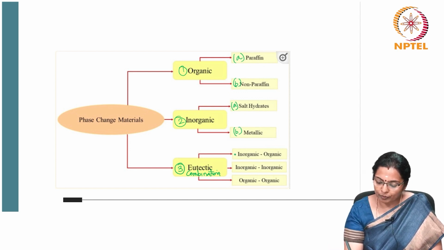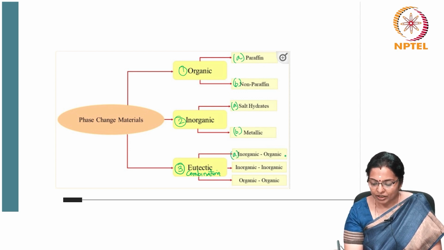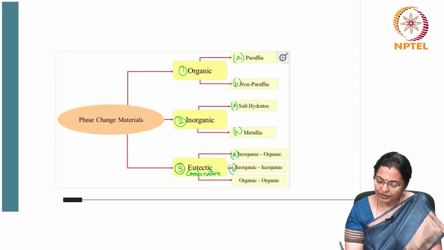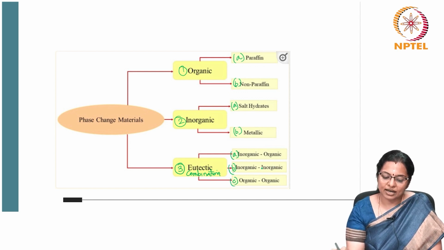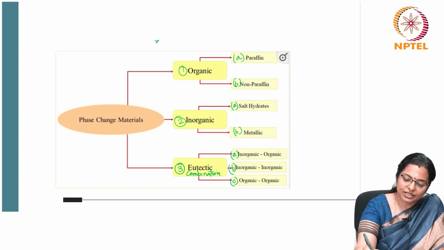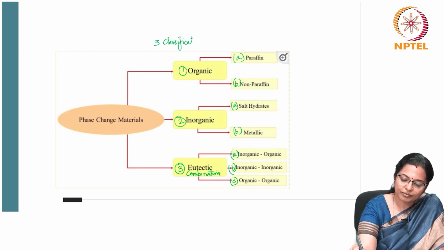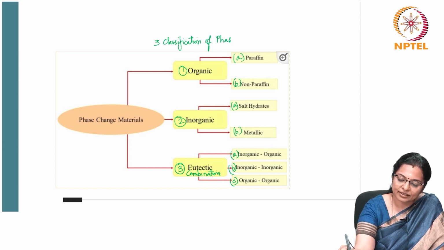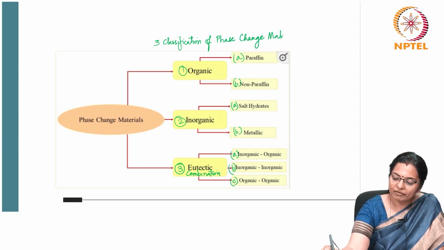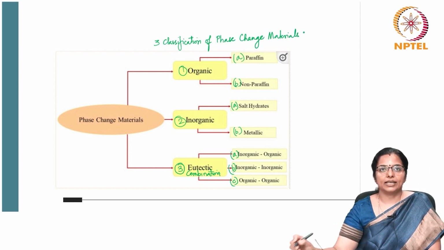So, eutectic could be a combination of inorganic and organic, or inorganic and inorganic, or organic and organic. So, these are the three classifications of phase change materials. We will look at each of it in detail.